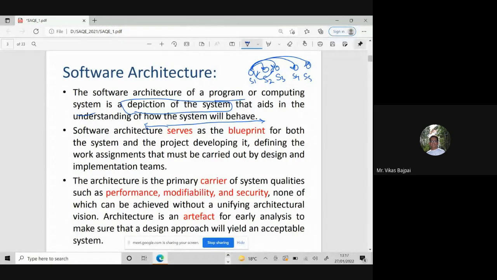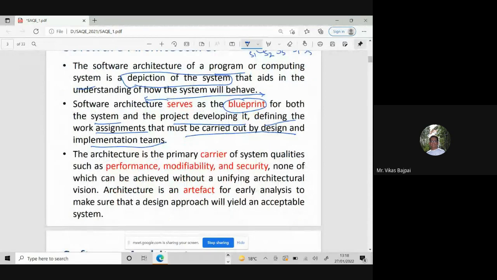Your software architecture serves as the blueprint, a term we have used several times, for both the system and the project developing it, defining the work assignments that must be carried out by design and implementation teams as well.